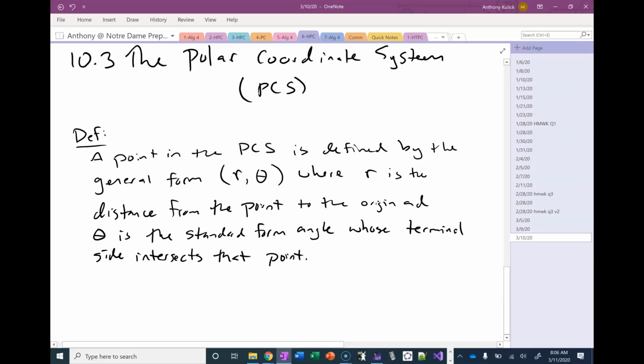Yeah, this should remind you of a two-dimensional vector, right? One description we had for a vector was a magnitude and a direction, basically a length and an angle. That's exactly what we're describing here. r is a length, theta is an angle. It's very similar to the idea of a two-dimensional vector.